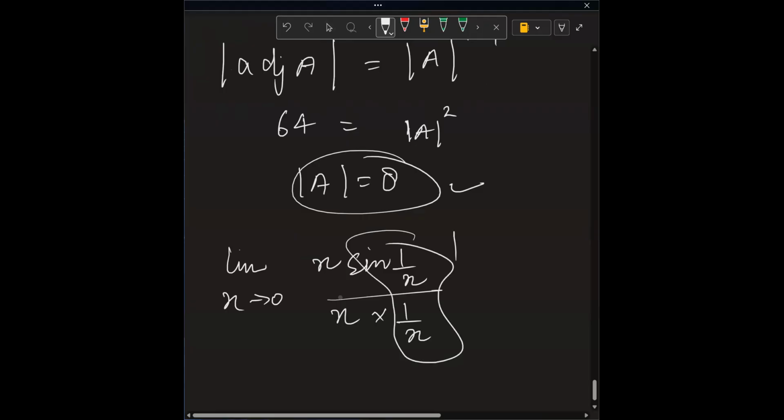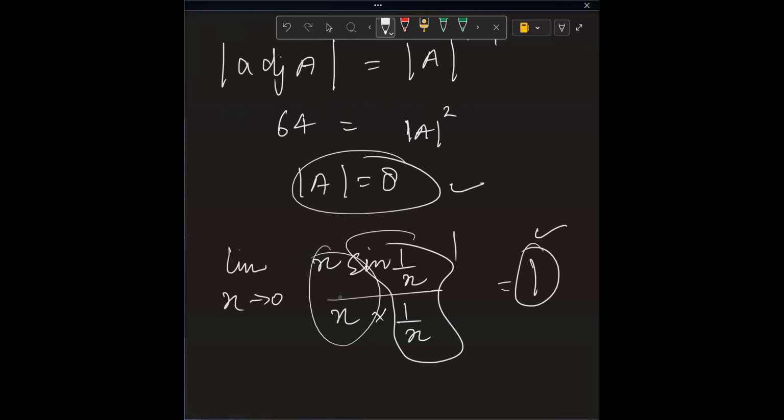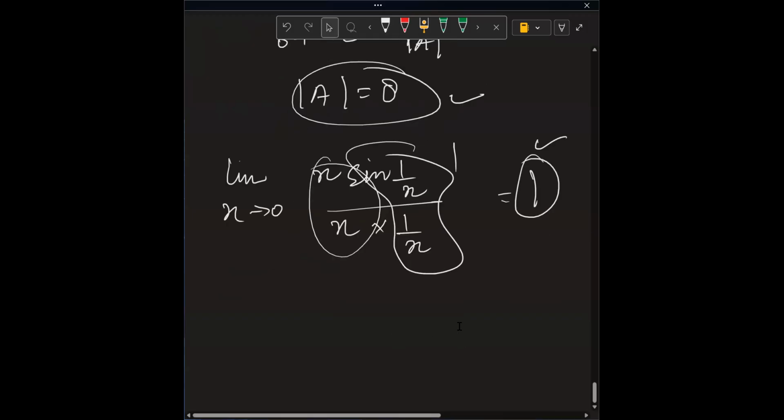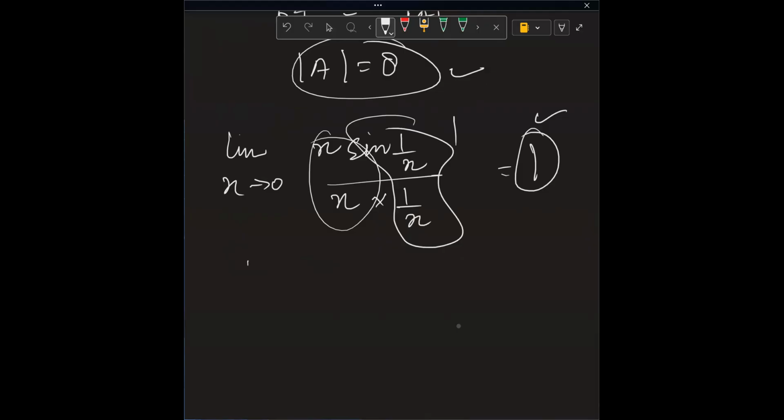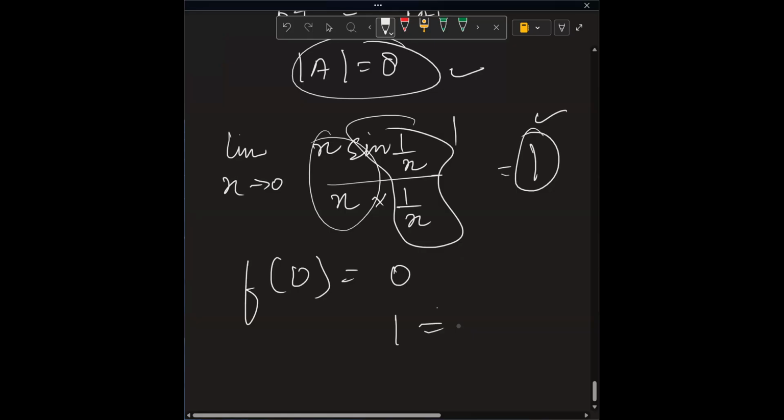This is going to be 1 and this is going to be 1. So this is 1. But at x equals to 0, the function value is 0. So 1 is not equal to 0, therefore this is not continuous. So the answer must be A. Right, Adil? The answer will be A, not B.